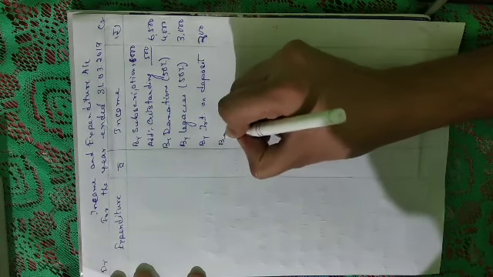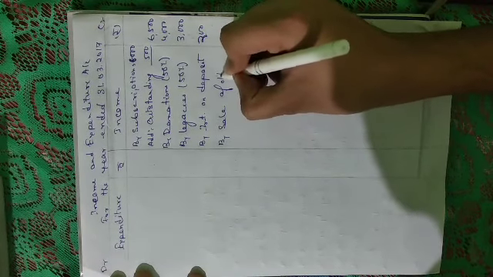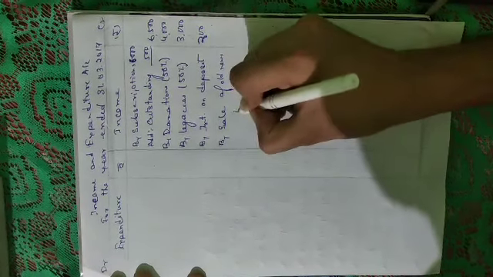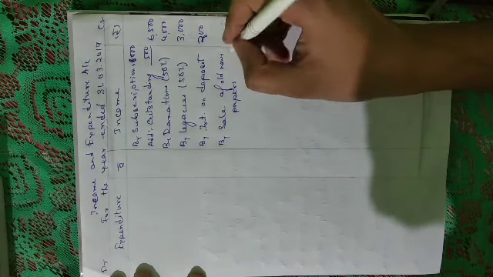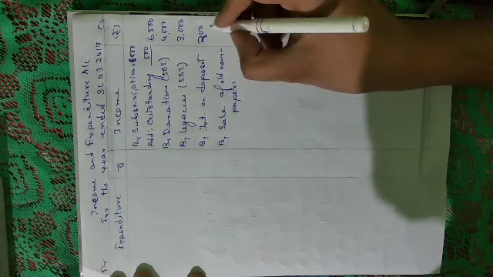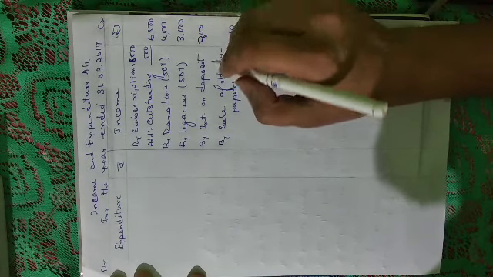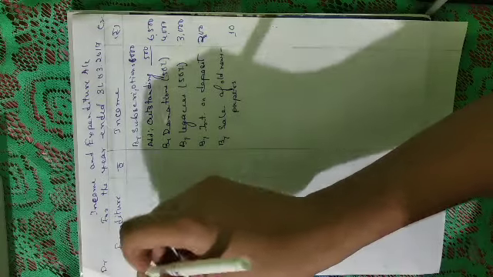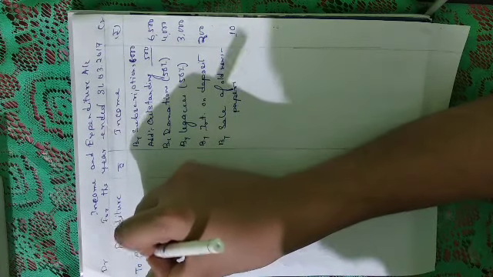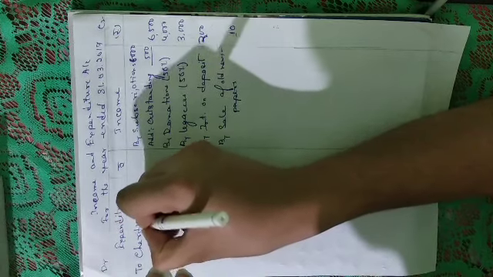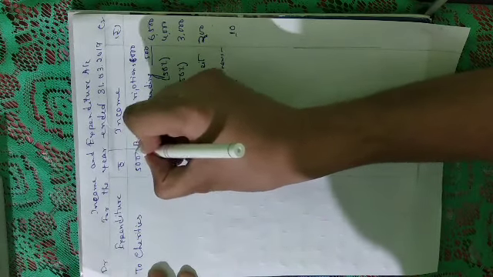Next, sale of old newspapers, amount is rupees 10. Next, on the debit side, charities. To charities, amount is rupees 5,000.